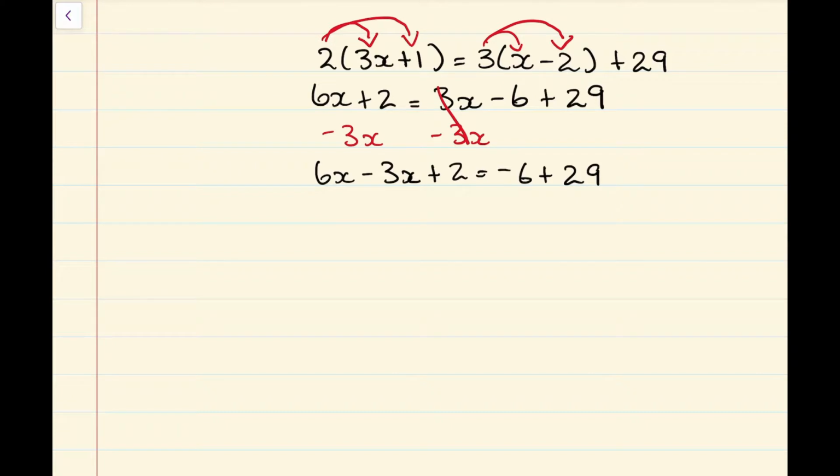And now we're going to subtract 2 from both sides of the equation so that these two will cancel. So we'll then get 6x minus 3x is equal to negative 6 minus 2 plus 29.